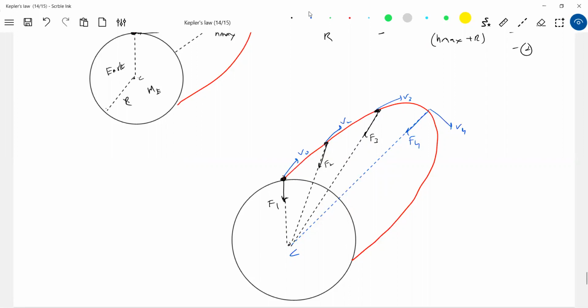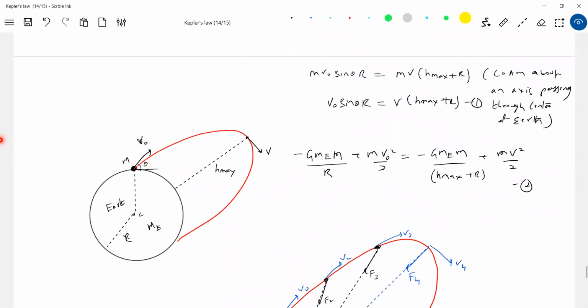Sir, could you scroll up one? Yes, sir. Sir, here, shouldn't it be m v naught cos theta, sir? What theta did I take? Horizontal. Okay, fine.